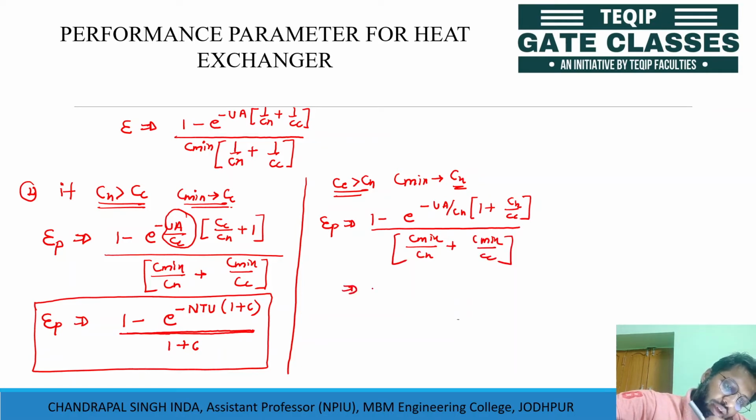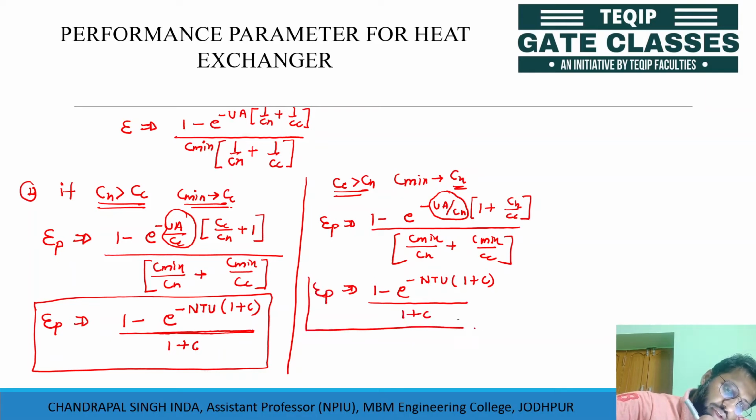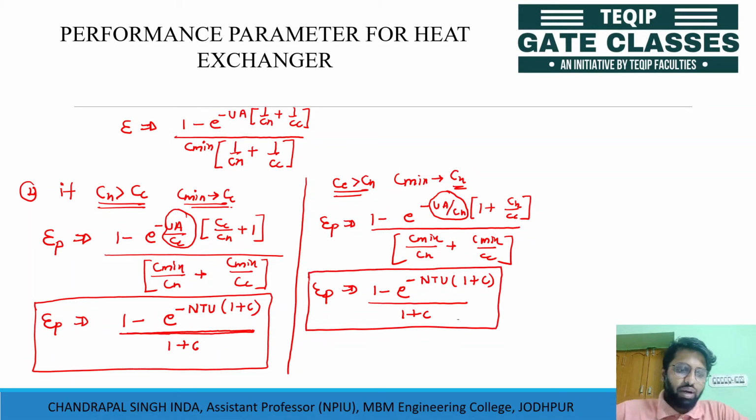This term represents the NTU, so we have 1 minus e to the power minus NTU (1 plus C) divided by 1 plus C. So the effectiveness of the parallel flow heat exchanger is equal to 1 minus e to the power minus NTU (1 plus C) divided by 1 plus C.